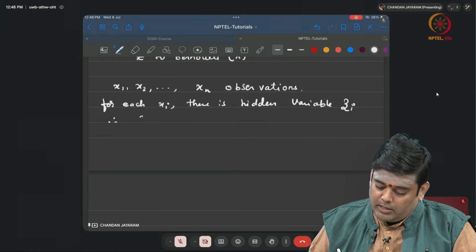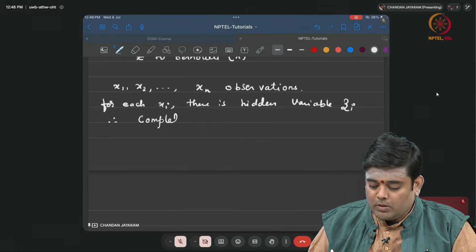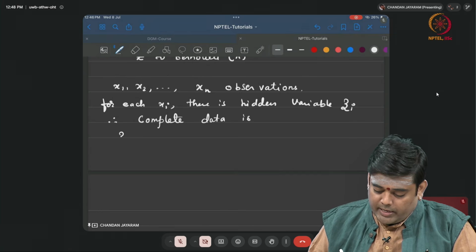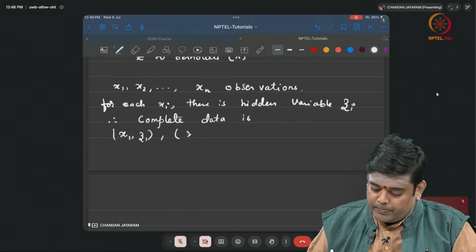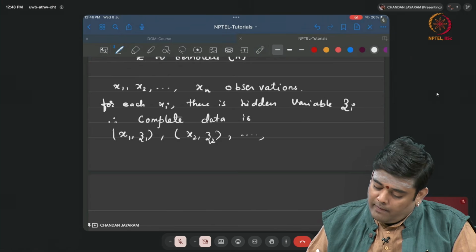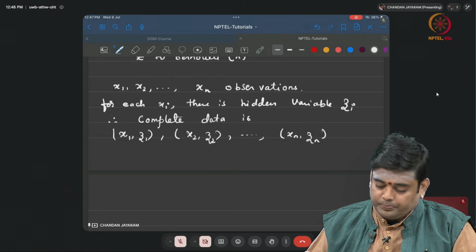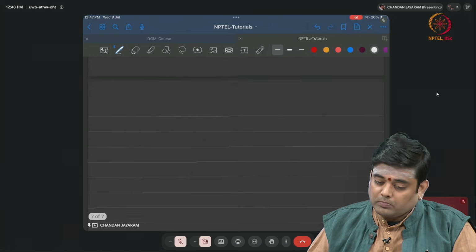The complete data is x1 z1, x2 z2, and so on till xn zn. Okay, this is what we have.